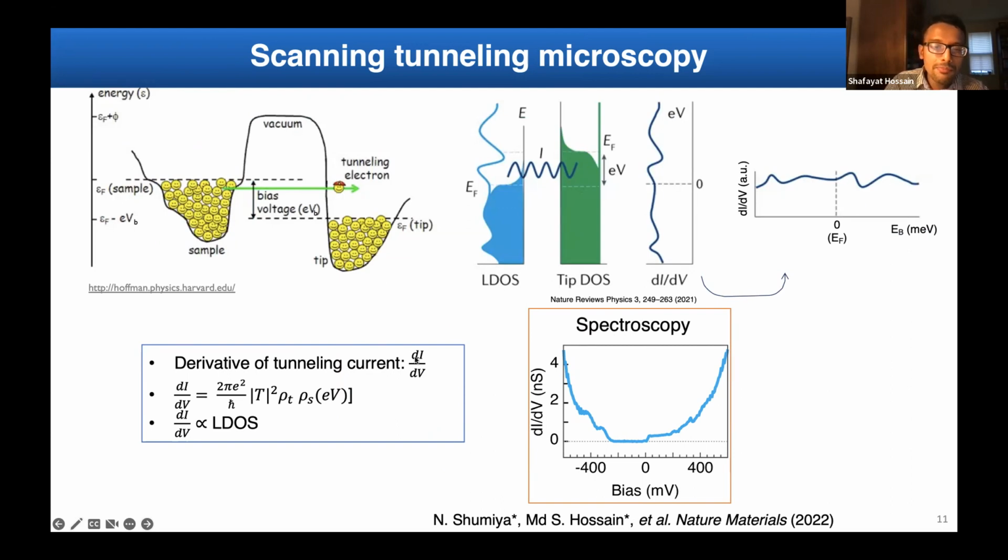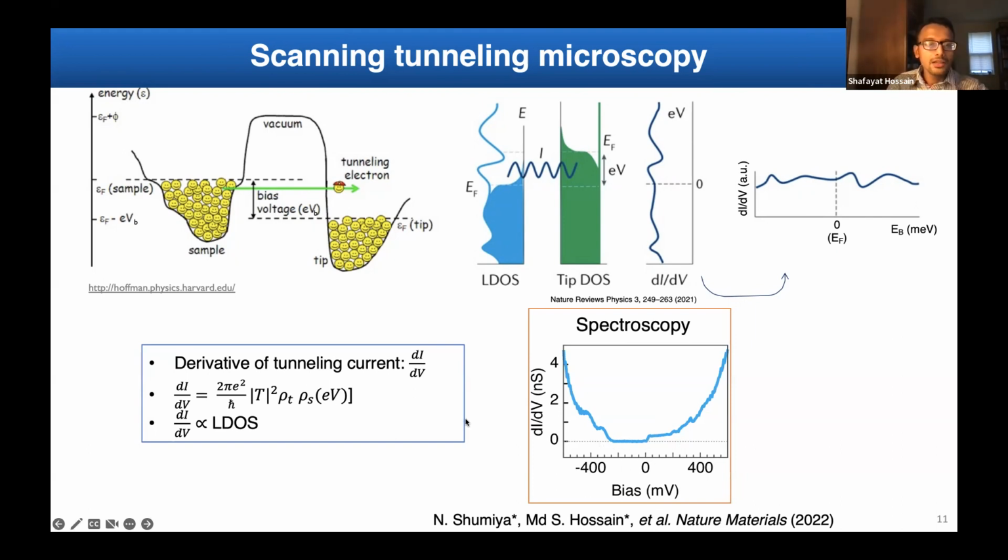So just by measuring this dI/dV, we get information on the local density of states. As I said, STM offers excellent energy resolution. We can learn about the spectroscopy in great detail. For example, here we see a gap where tunneling is zero in a certain range of bias.